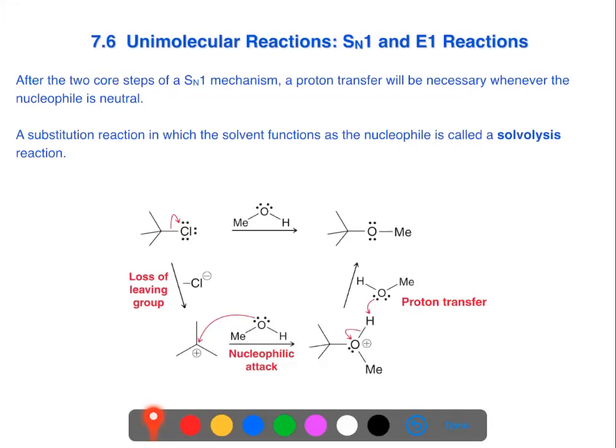In aqueous reactions, for example, water is typically present at a 54 molar concentration. And so when solvent is needed in a reaction mechanism, as in this example for both nucleophilic attack and proton transfer, it will be available. It is present in significant amounts relative to the original reactant.